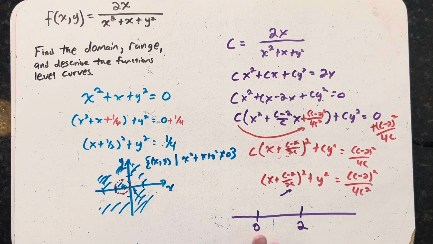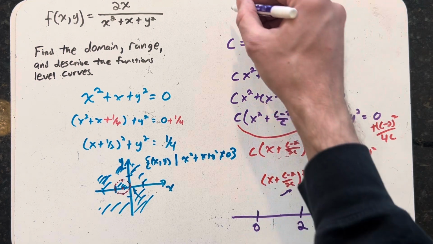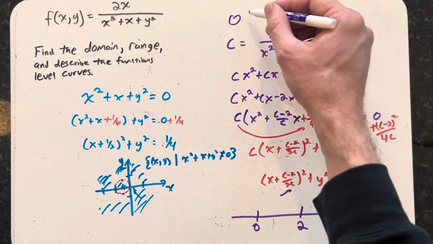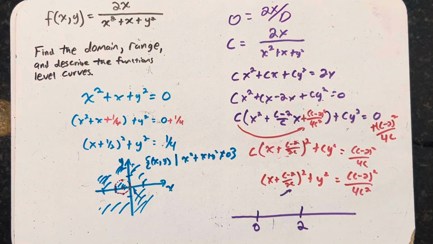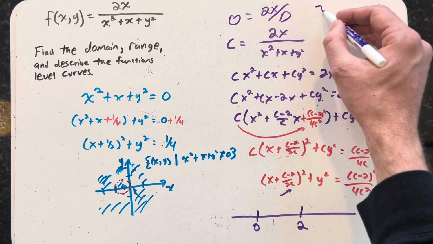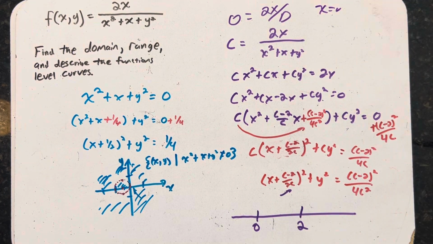All right, well, let's just go on and talk about c equals 0. If I imagine this equation, 0 is equal to 2x over that denominator. Well, for a fraction to be equal to 0, just the top has to be equal to 0, and I get x is equal to 0. So anywhere x is equal to 0 will give me that particular value of c out.